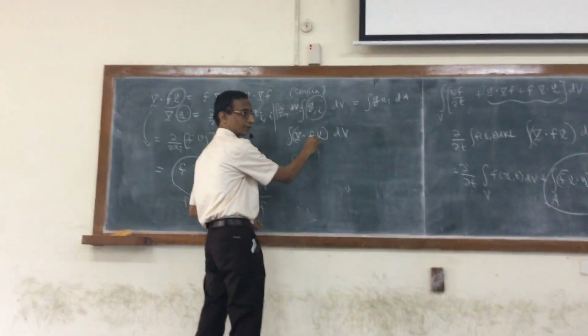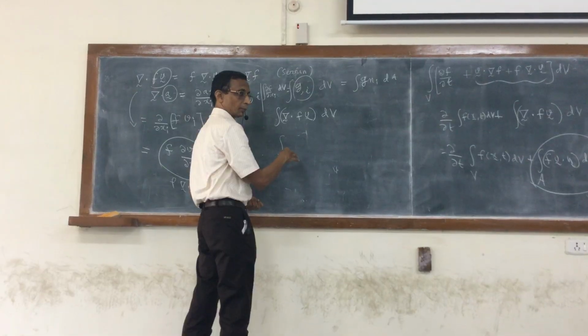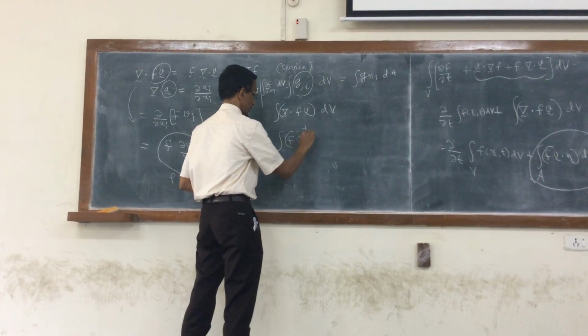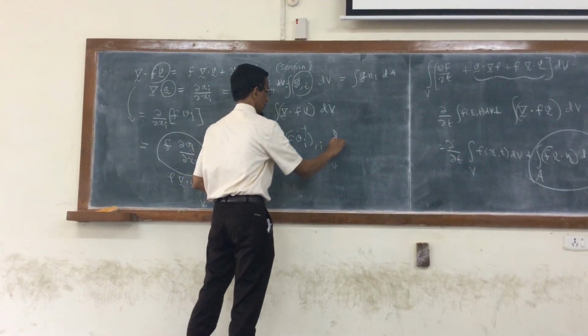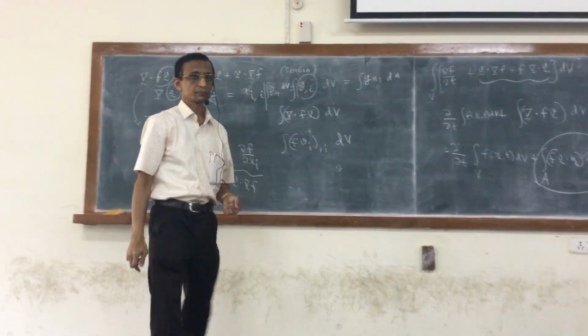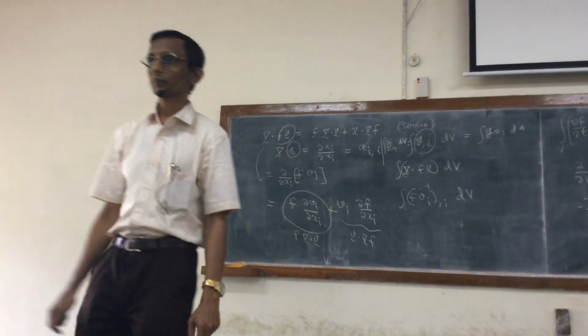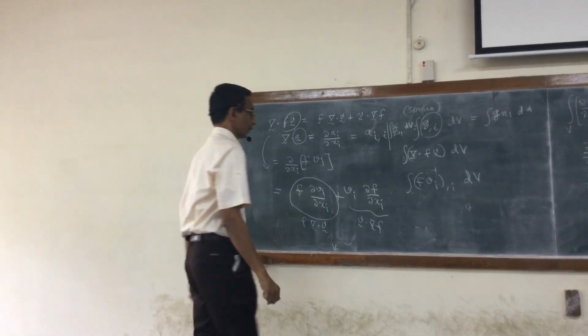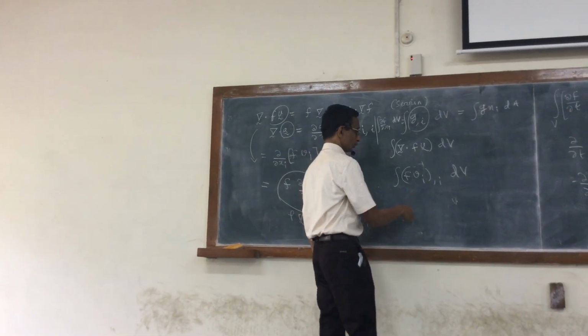This is the divergence of the combined product of f times b, so that would be (f b_i), comma i. If you want, you can write the d by dx side, to shift to this.